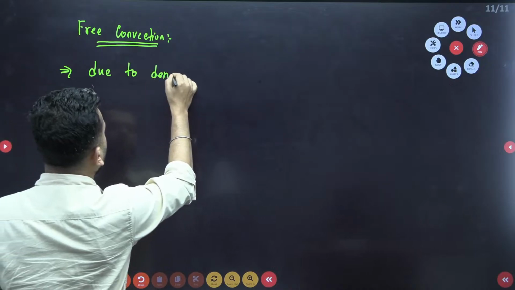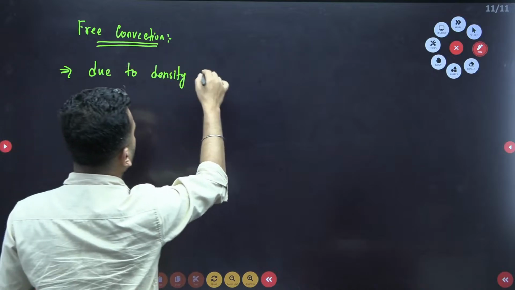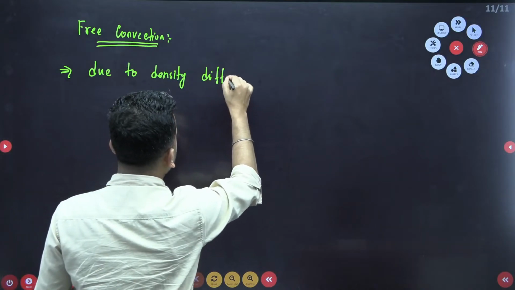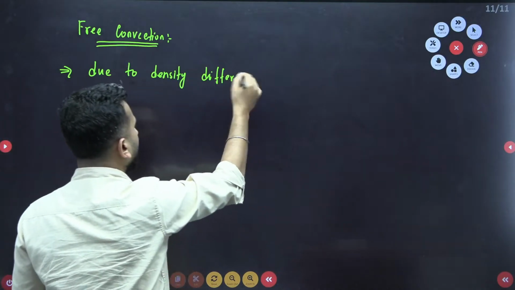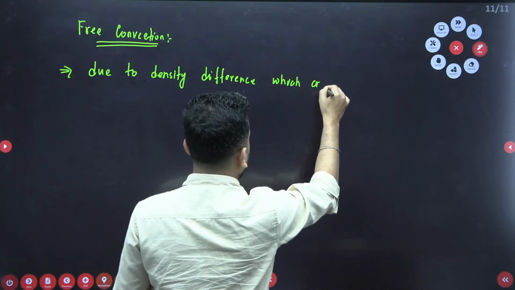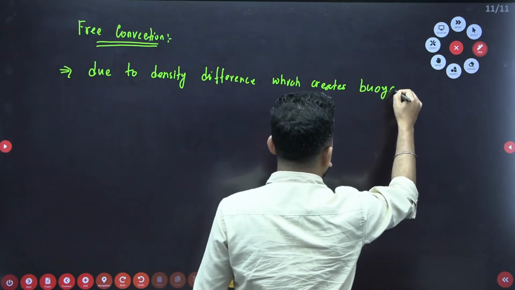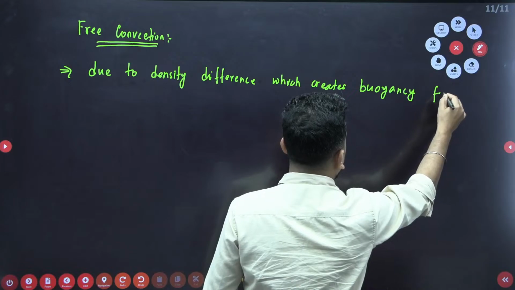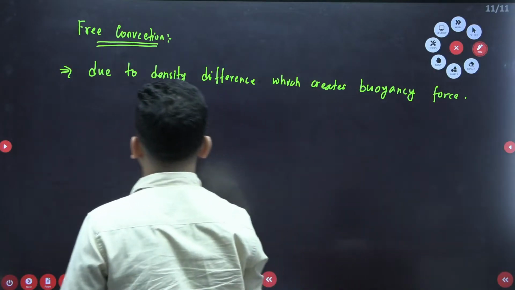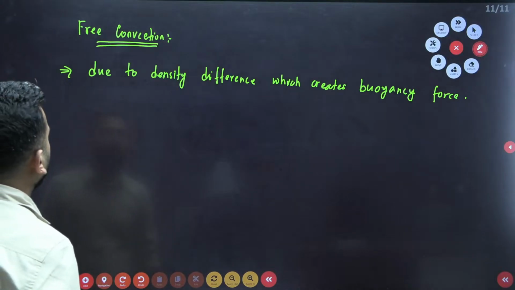If someone asks you in one word how or why free convection takes place, it takes place due to density difference, which creates buoyancy force, and this is responsible for free or natural convection.